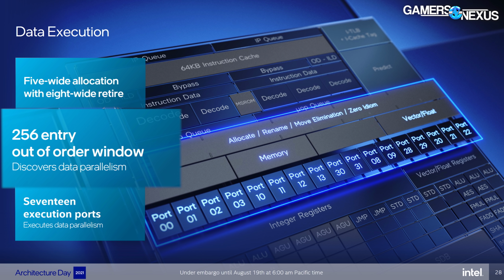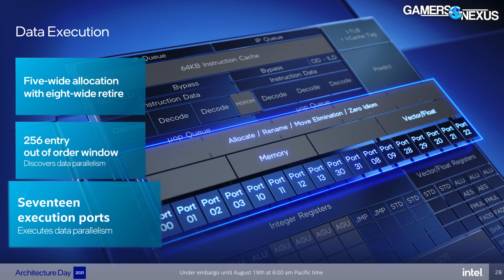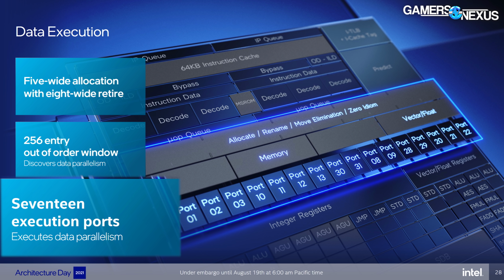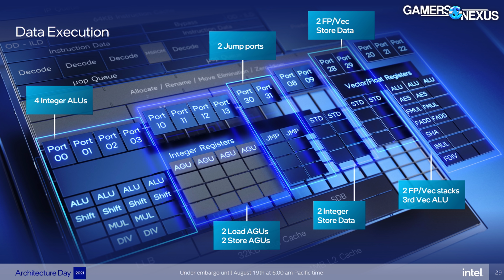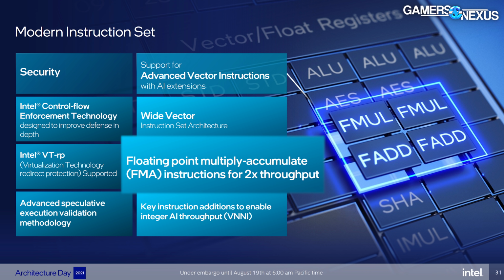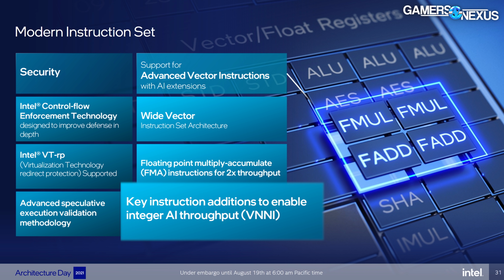The out-of-order window holds up to 256 entries, and that helps find more items that can be executed in parallel. Continuing down the stack to the execution ports, we have 17 individual ports that are separated into 6 different execution types. There's 6 types of execution that are listed in the presentation. Through the floating point vector stacks, there's support for floating point multiply accumulate, or FMA instructions, and integer AI throughput using VNNI.